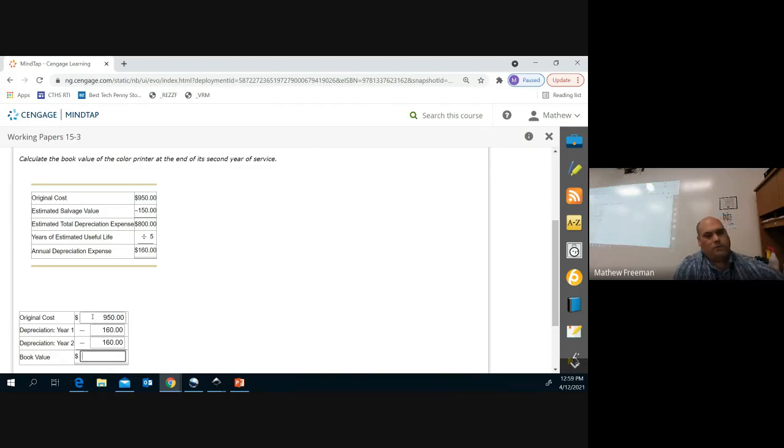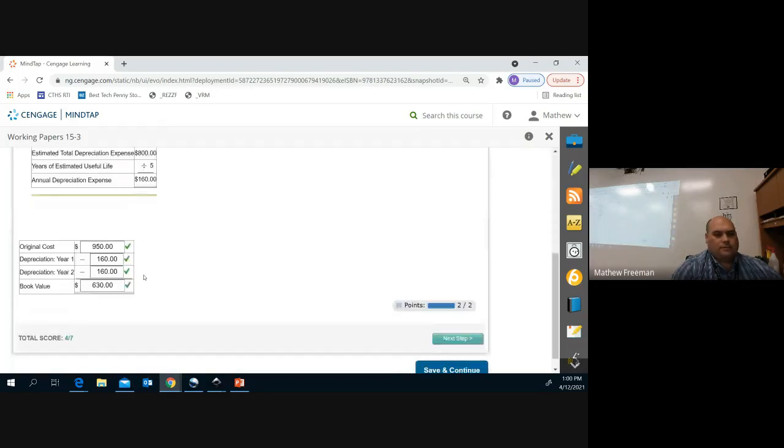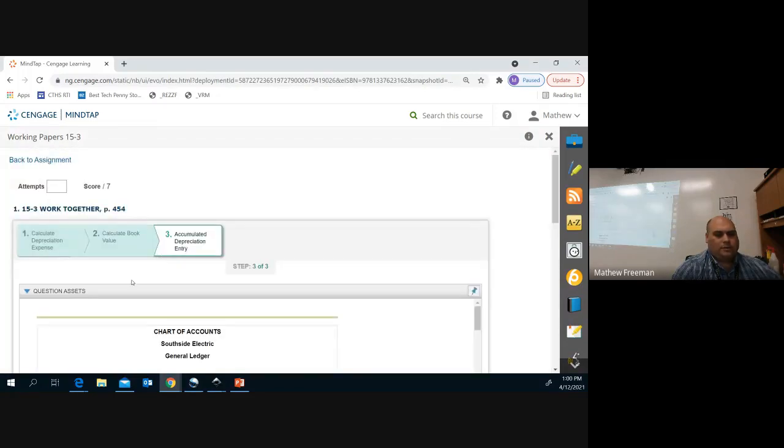So over the 2 years, we lose $160 each year. We put 160 into each of depreciation year 1 and depreciation year 2. When we subtract that, that's 320 from the 950 in total, so we should end up with $630. So $630 is our book value of the printer that we just purchased after 2 years. As long as I did my math correct, which looks like we did, we can move forward.